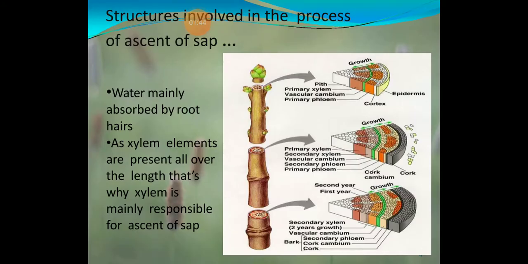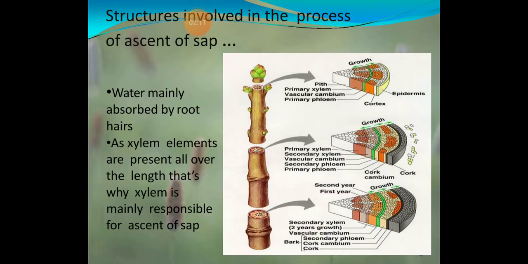Coming to the process of ascent of sap, all of you know that water is absorbed by the root hairs. Water is absorbed by the root hairs, and xylem elements are present all over the length of the plant, which is responsible for the ascent of sap, as shown in the figure.